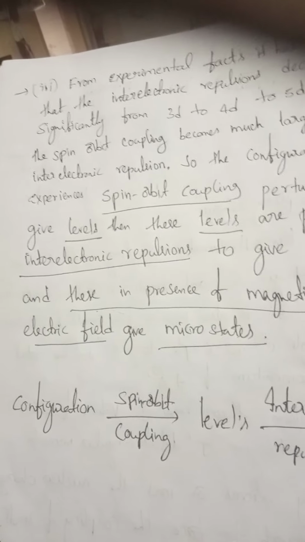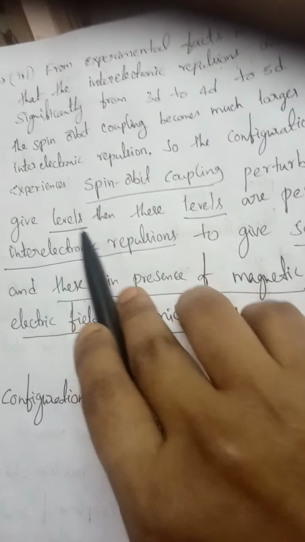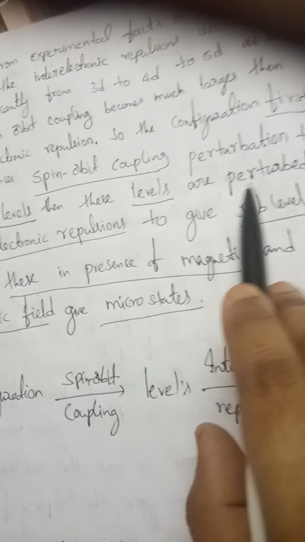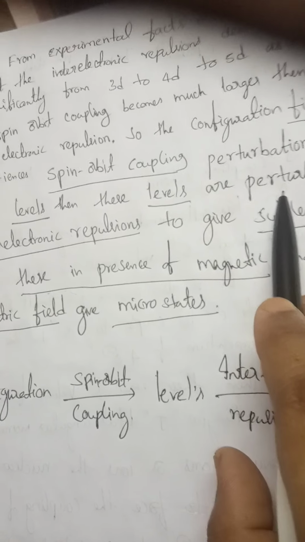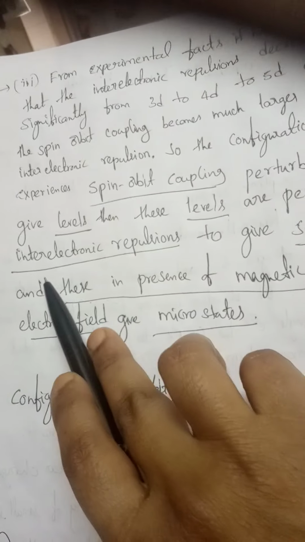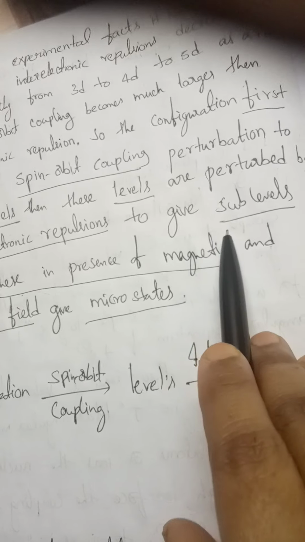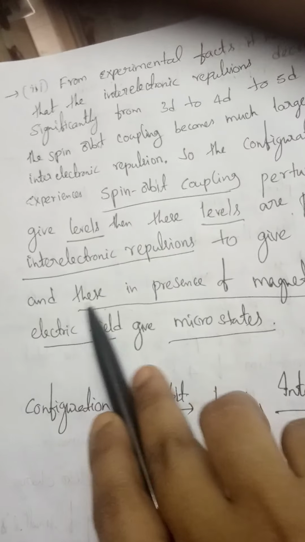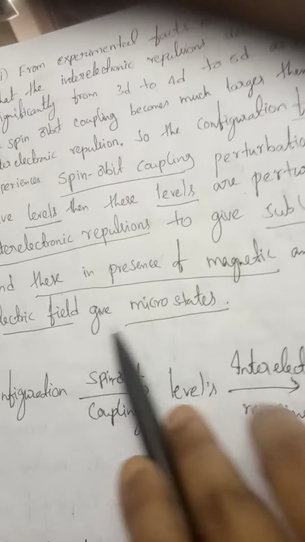So the configuration is first perturbed by spin-orbit coupling to give levels, then the levels are perturbed by interelectronic repulsions to give sublevels, and these in the presence of a magnetic and electric field give microstates.